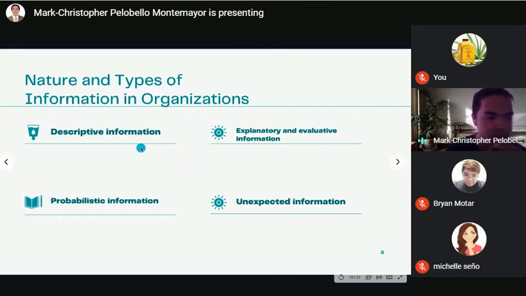We have descriptive information, probabilistic information, so the probability is there as well. Third, explanatory and evaluative information. And then the last one, unexpected information. So these are the kinds of information we see in an organization.